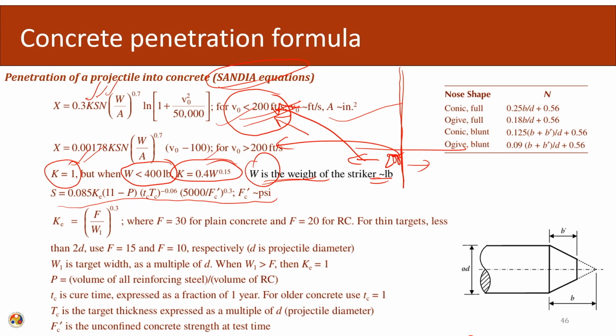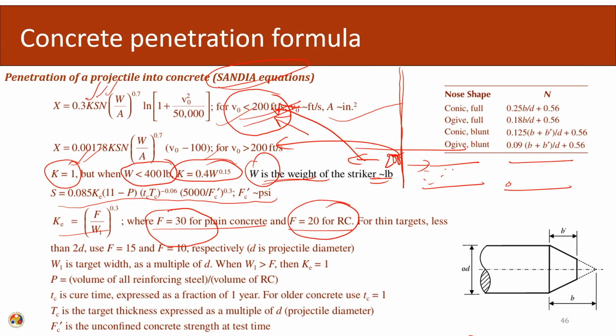Again we will see some factors are used for plain concrete and RCC concrete. So, F is a factor 30 for plain concrete, meaning the concrete has no reinforcement, it is just concrete, and F equals 20 for RC concrete, it means that there is reinforcement present here.